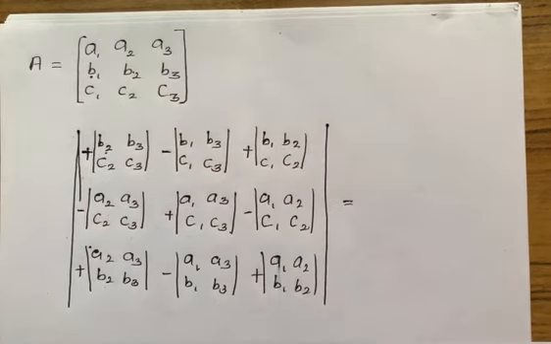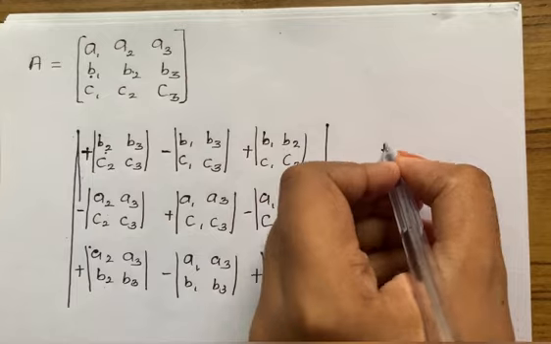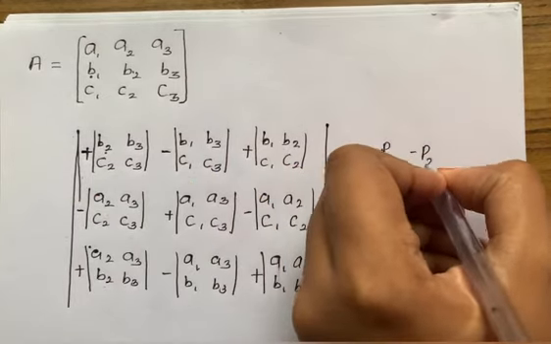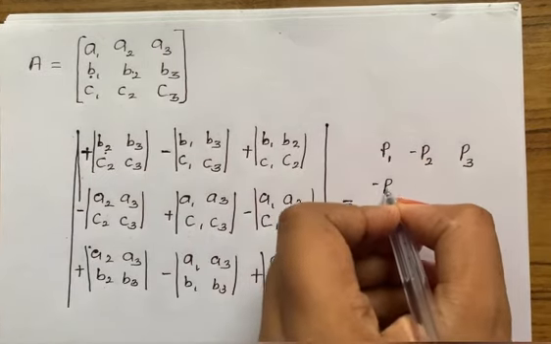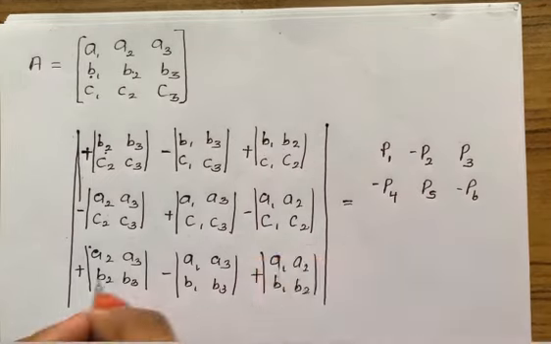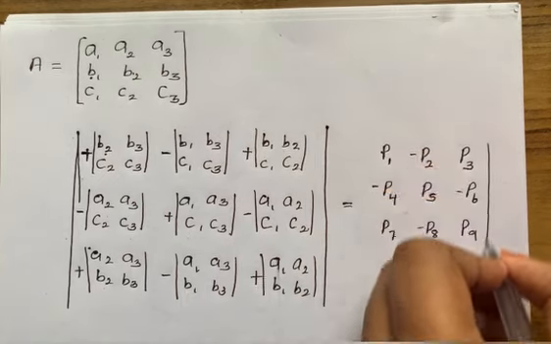So I'm going to write the product for the first set of numbers as P1, for the second one minus P2, that one P3, the other one minus P4, P5 and minus P6, P7, minus P8 and P9.